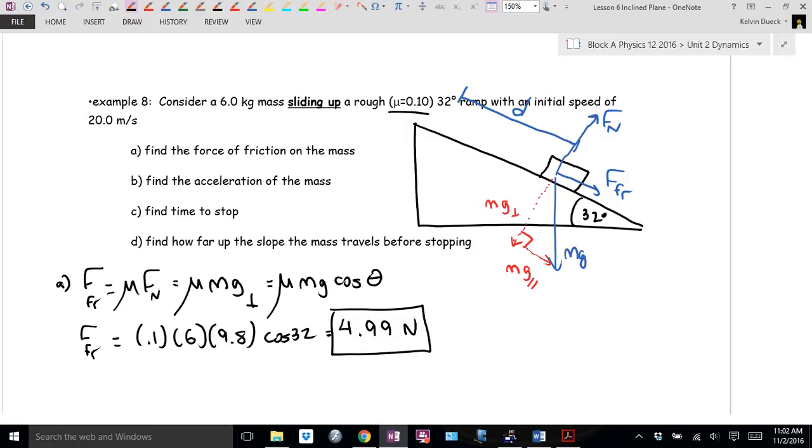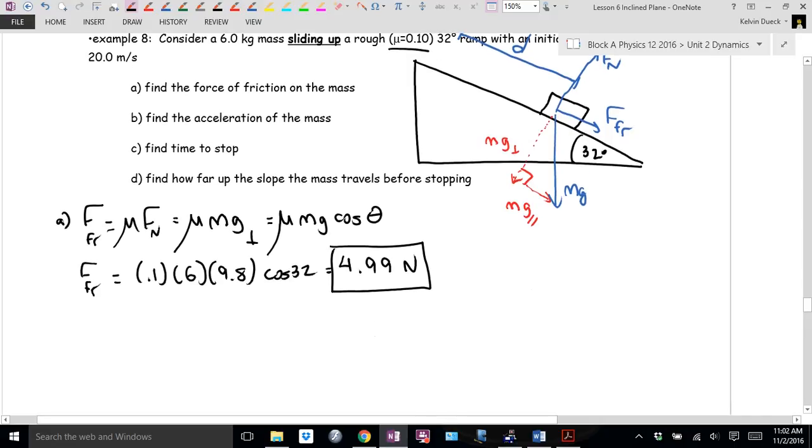Hey Drake, what's B want me to find? Winner minus loser. Who's winning? I don't think friction's the winner. I think there's probably a more dominant force because even without friction, there's something winning. Okay, mg parallel.